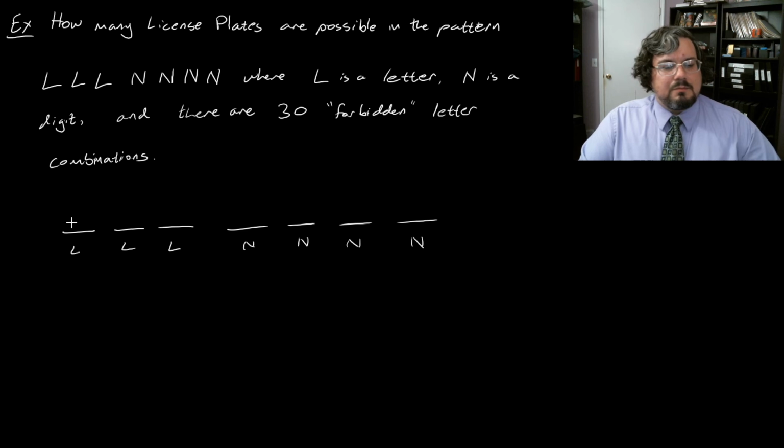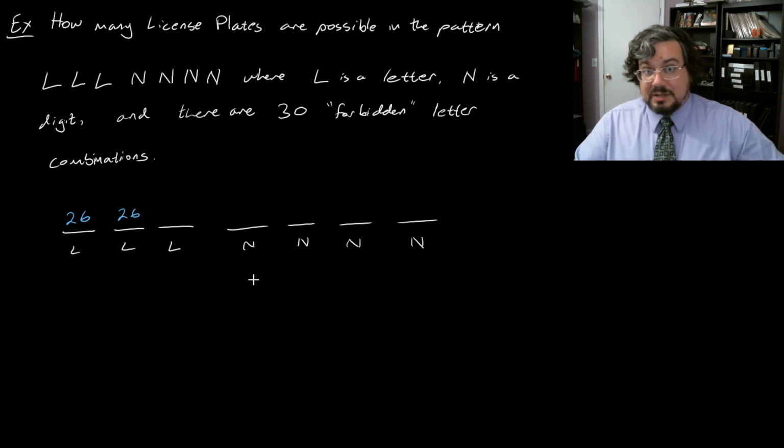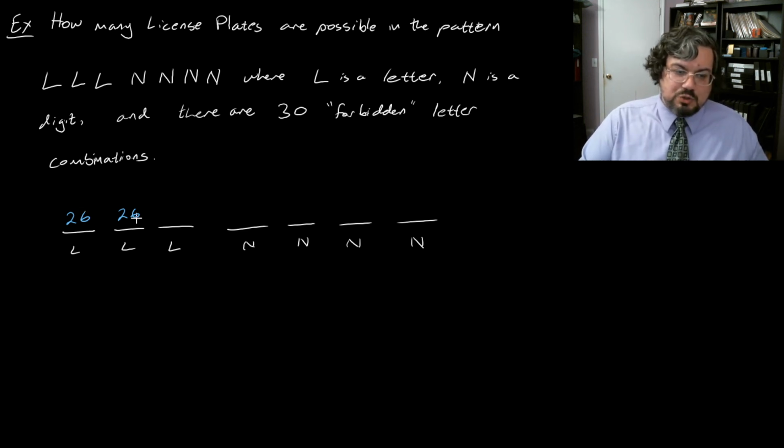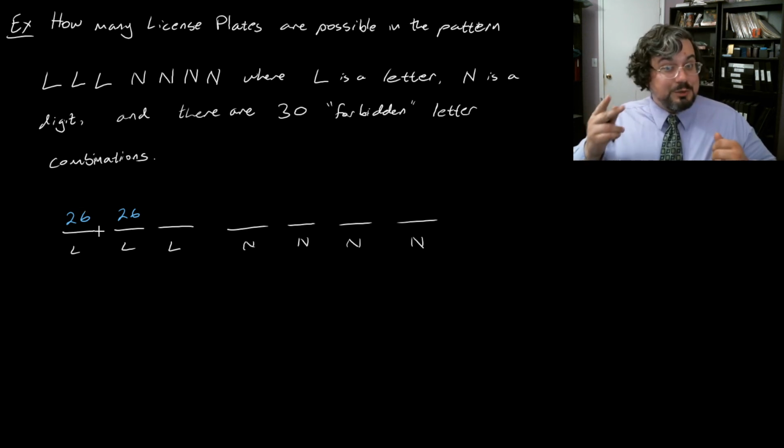Because there are certainly going to be 26 possible choices for the first letter, and 26 possible choices for the second letter. But then the number of possibilities for the third letter is going to be different. Sometimes it's going to be 26, but sometimes it's going to be lower because these first 2 were the first 2 letters in a forbidden letter sequence, and so we can't allow that. We aren't told what the forbidden letter sequences are. We're just told that there's 30 of them.